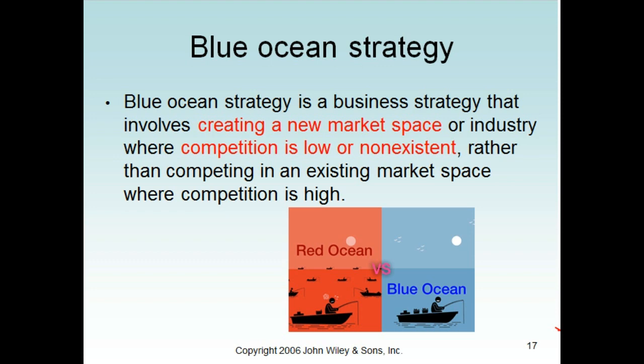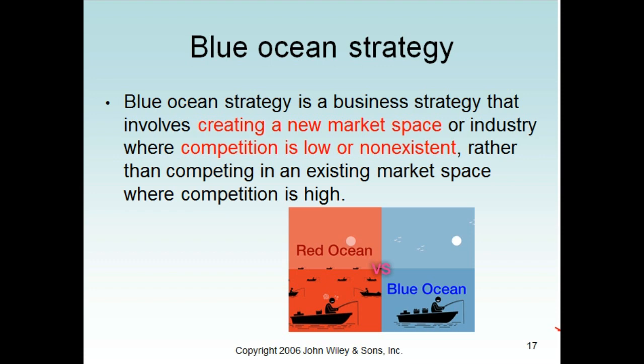Examples of companies that have successfully used blue ocean strategy include Nintendo. Nintendo is a video game company and they created the Wii console, which was designed to appeal to a wider audience than the traditional gaming consoles. So, they created a new market space in the gaming industry.